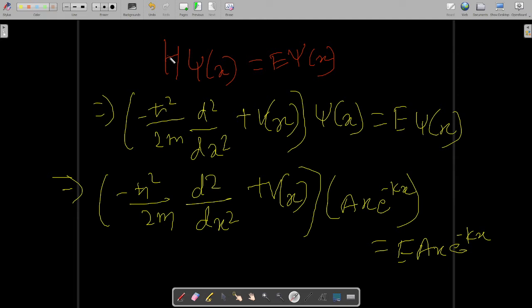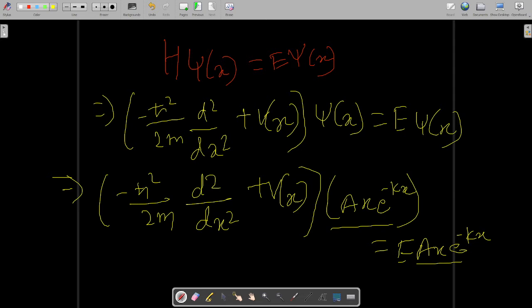H psi equal to E psi is the equation, and H is not equal to E. The Hamiltonian operator is not equal to the E operator. So clearly you cannot cancel this and this over here. Remember this thing.